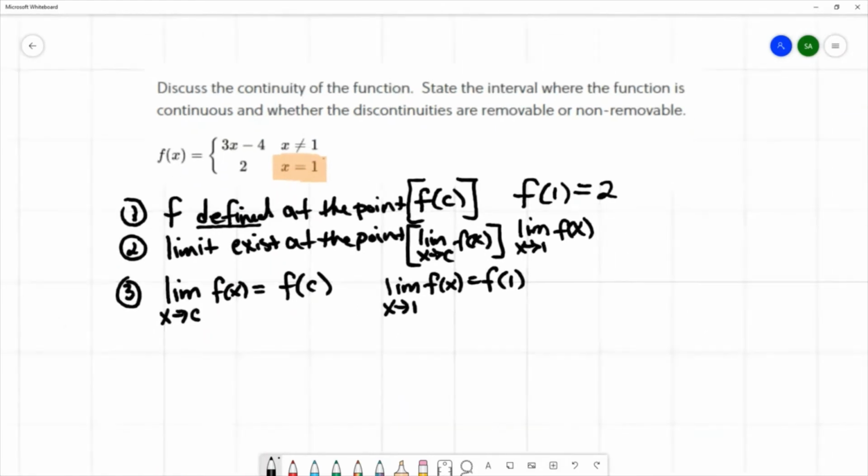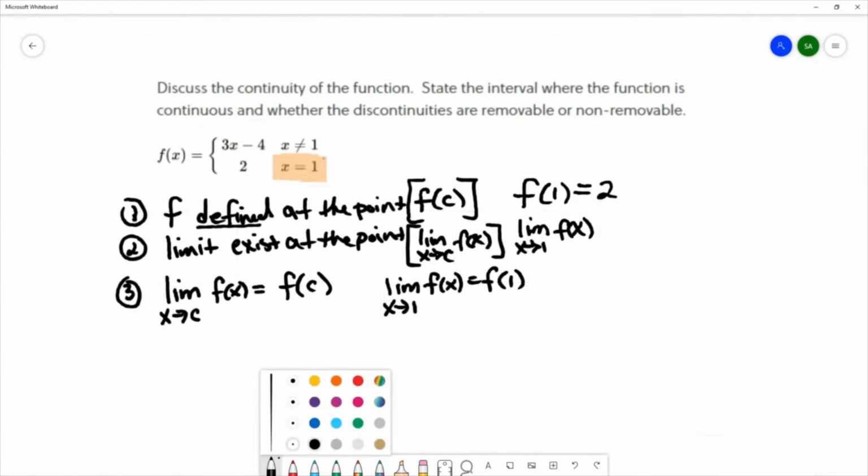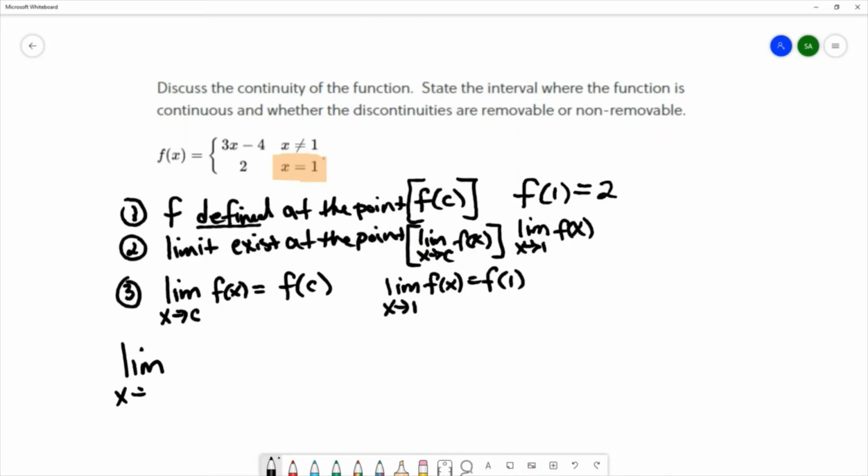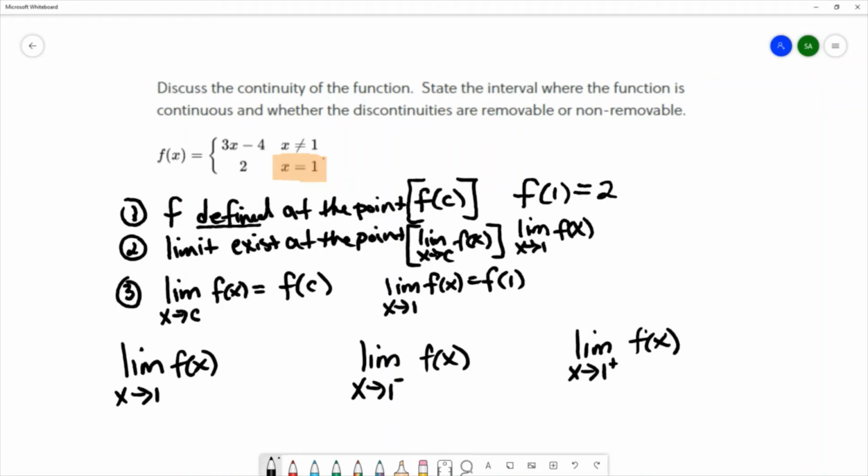So, in order to figure out the limit as x approaches 1 of f of x, I'm going to look at the limit as x approaches 1 from below, and then the limit as x approaches 1 from above. And as long as these two equal each other, then I know the overall limit will equal that value.